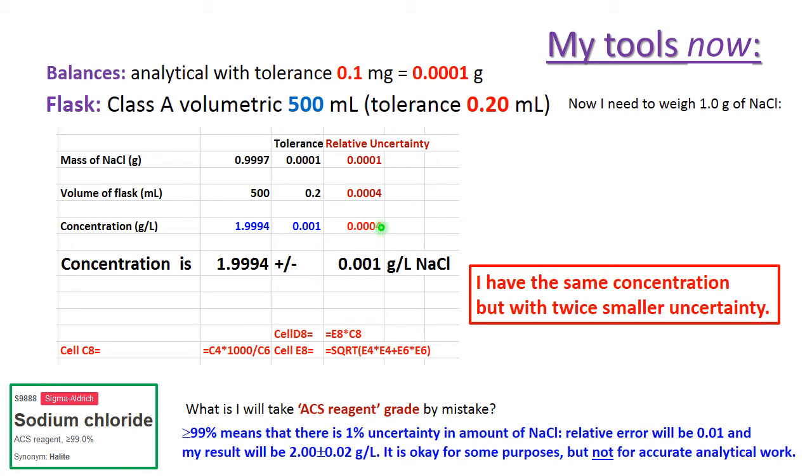Only one is important. As usual, that's flask volume. And I have my tolerance that is twice better than it used to be. So my answer has practically the same concentration, but twice smaller uncertainty. That was a good idea.